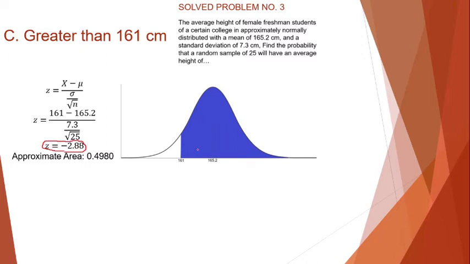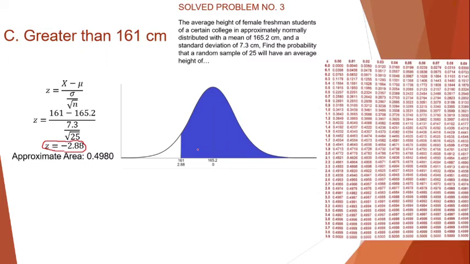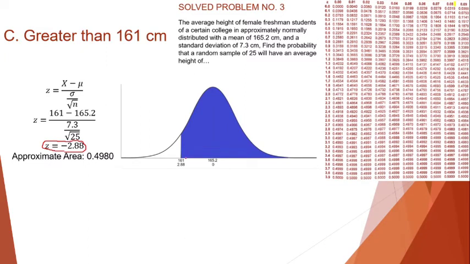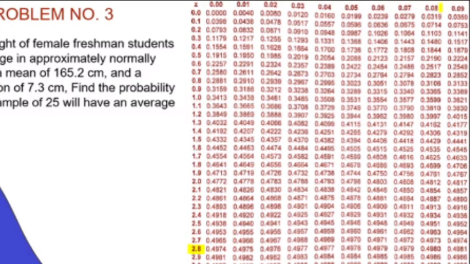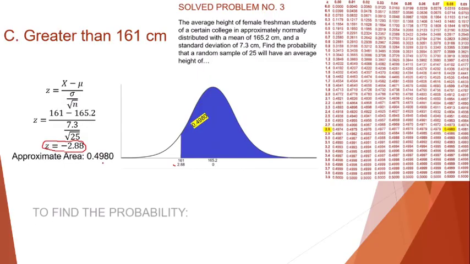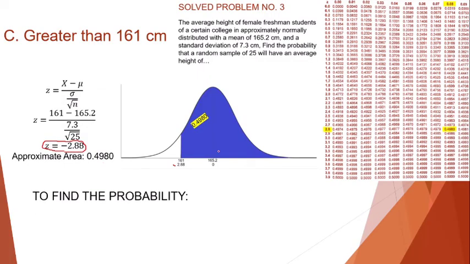Now, ang gagawin natin, so this is negative ha. So, ito yung z-table nyo. Hanapin nyo yung 2.8 and then the 8. Ngayon, ito yung approximate area nyo. We have 0.4980.